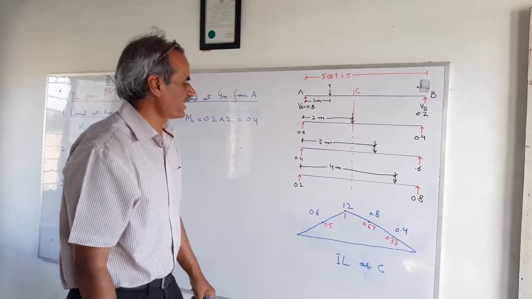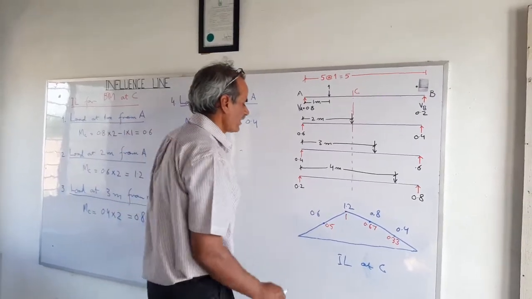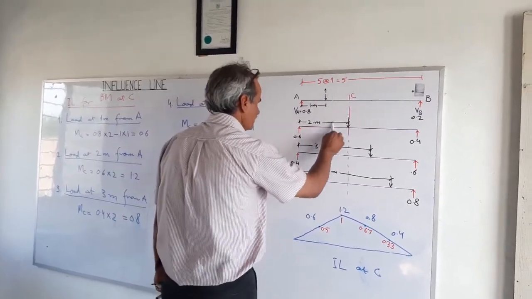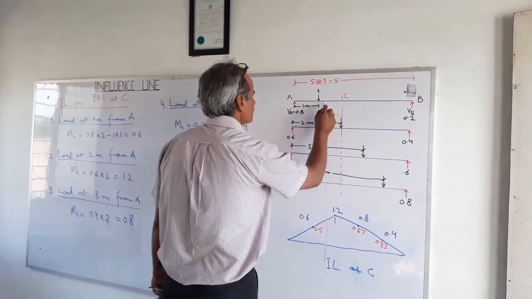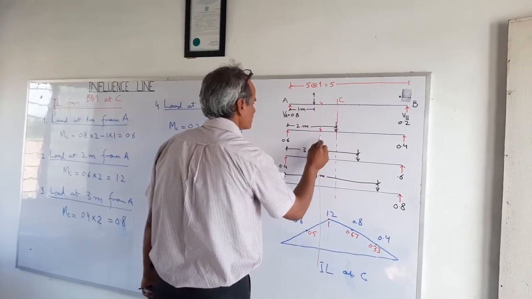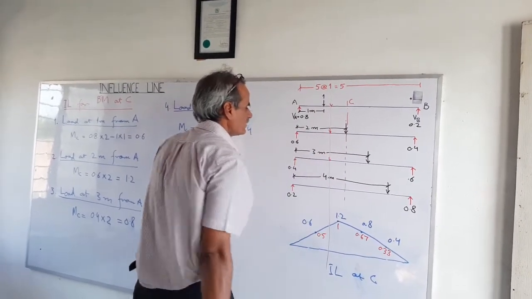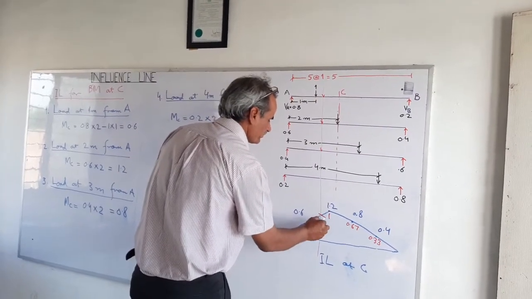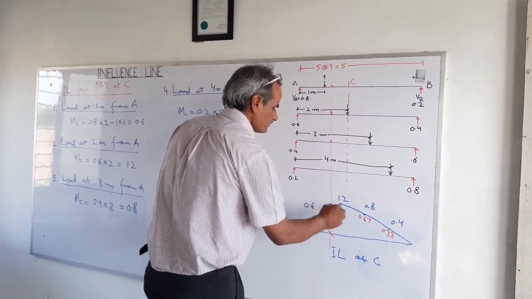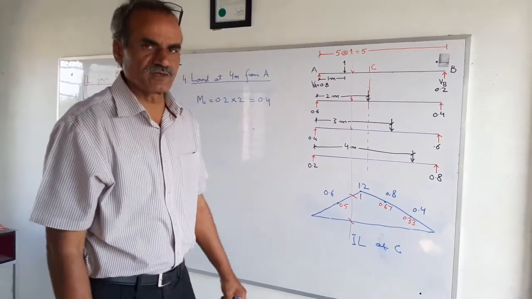Now this influence line means that anywhere when load is over here, say, that unit load is moving over here, is at this place, then the bending moment value shall be this one for the unit moving load.